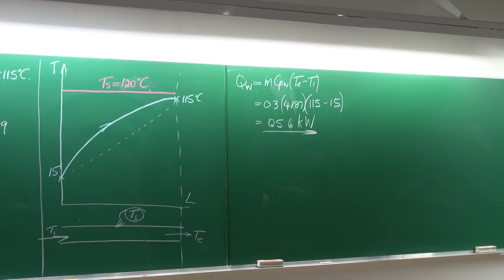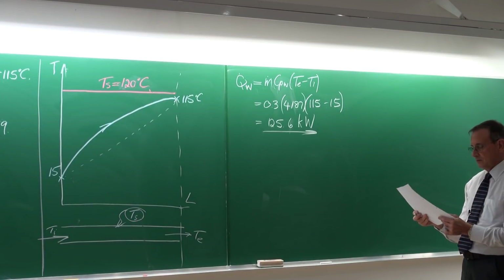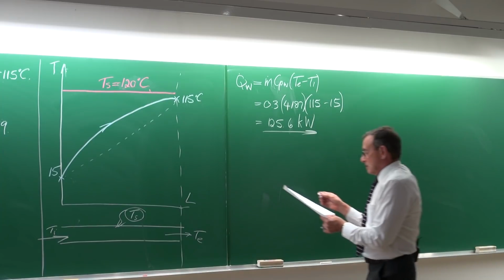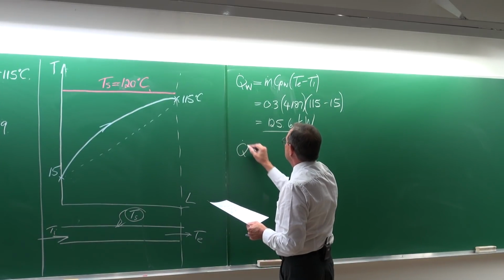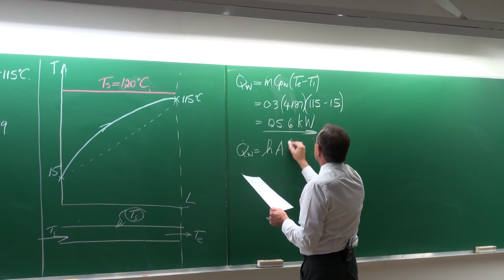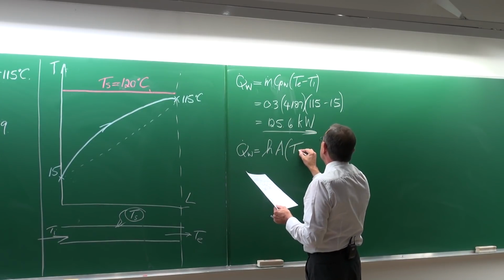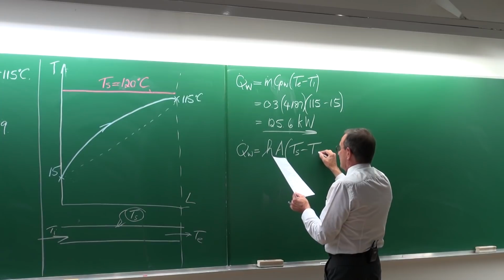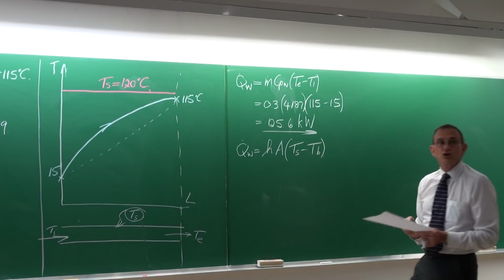We can also write that the heat transfer rate to the water is equal to the heat transfer coefficient multiplied by the area, multiplied by the temperature of the surface minus the temperature of the bulk.